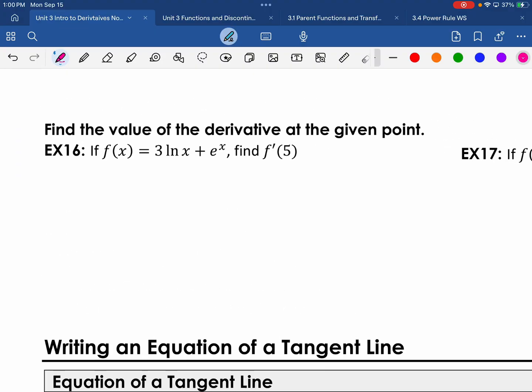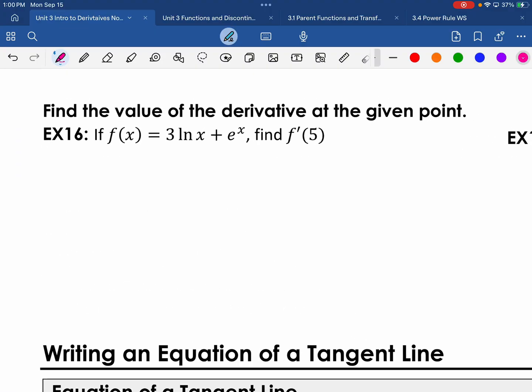All right, the last 2 that I have here are finding the value of the derivative at a given point. First we're going to take the derivative, and then we'll plug in our x value. So f prime of x, what's the derivative of 3 ln of x? The 3's hanging out, times what's in the ln, x, and the derivative of that is 1.